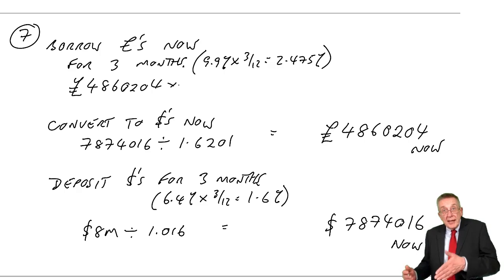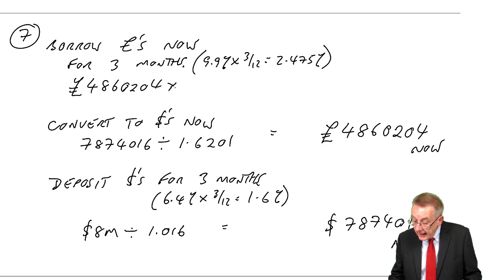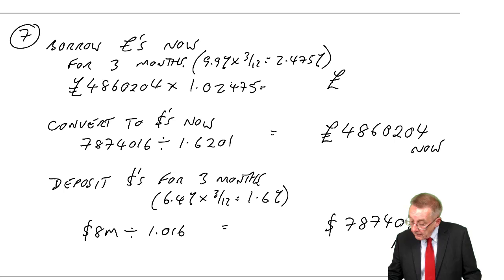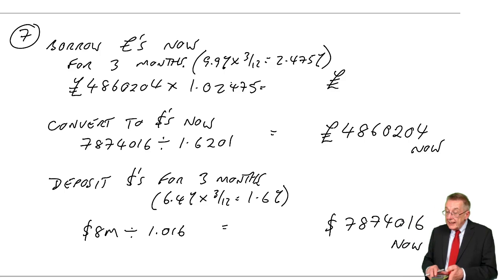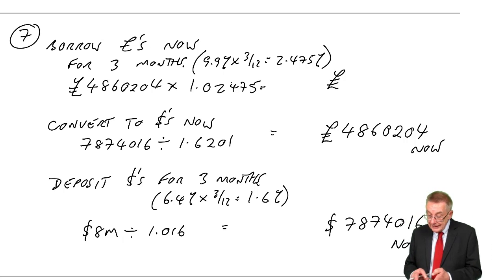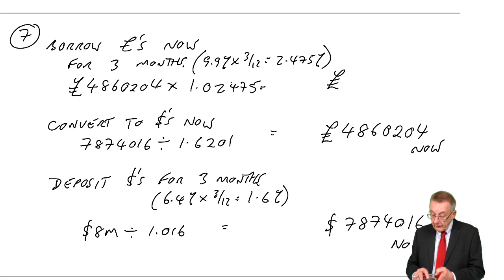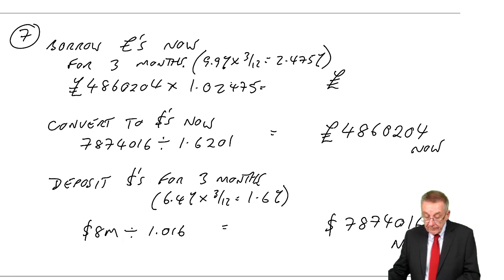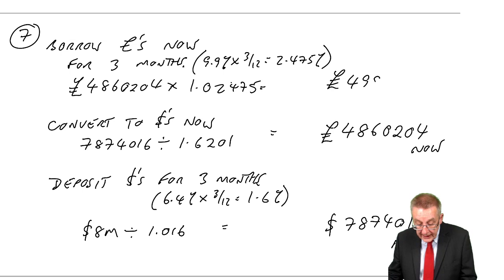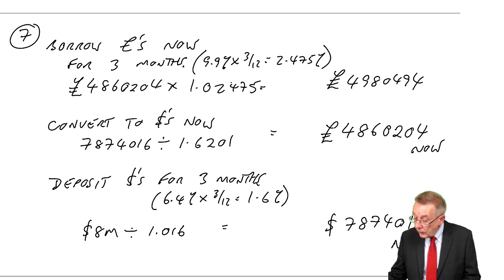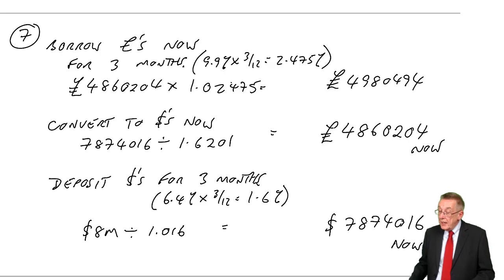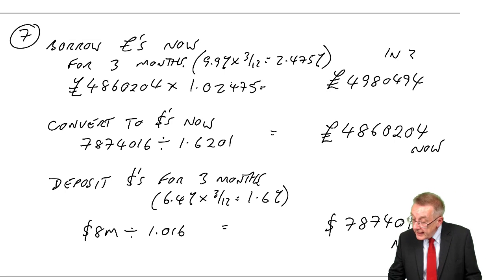The amount owing in 3 months' time, add on the interest, multiply by 1.02475. And we'll be owing, what does it come to? £4,980,494. That's how much we'll be owing in 3 months' time.